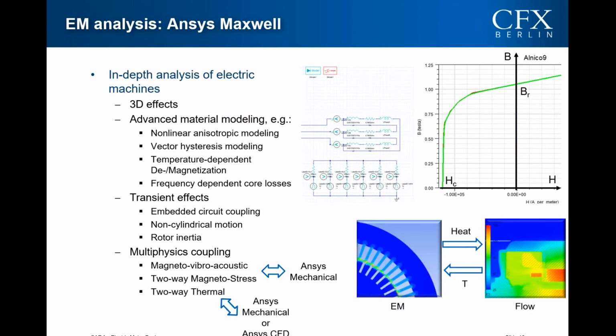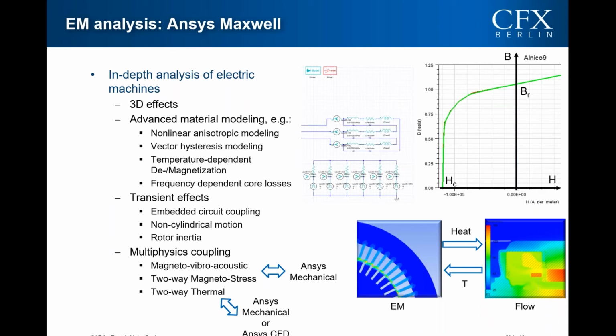Another common task is to calculate the interaction between electromagnetics and temperatures in the machine. This can be done with Mechanical if only conduction through solids is important, or with ANSYS CFD if also the flow is important, which is the case in most motors.